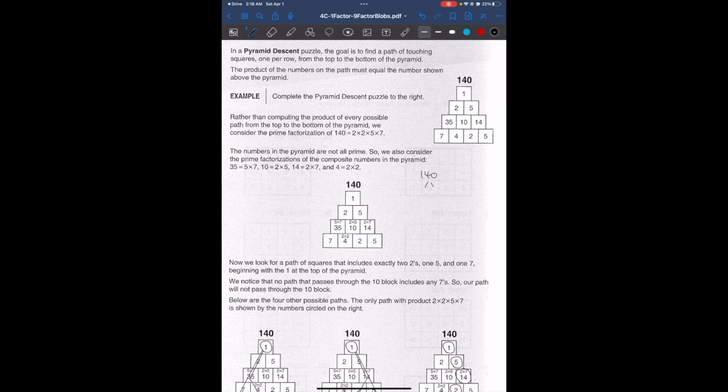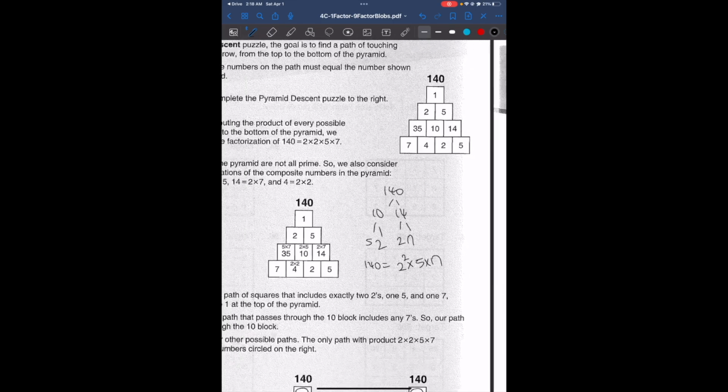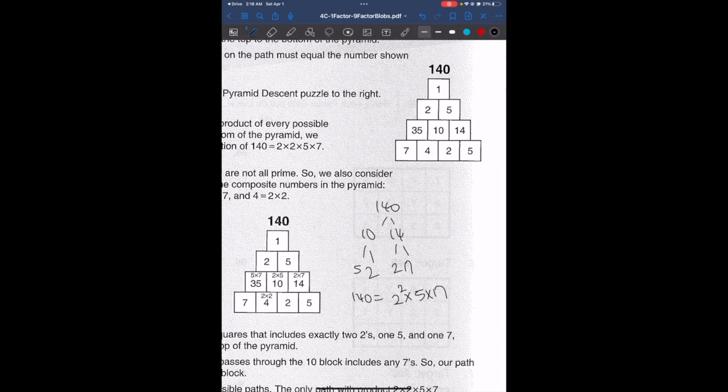And so since it ends with a 0, we know that it's divisible by 10. And so we can express 140 as 2 to the power of 2 times 5 times 7. And then similar to the blob puzzle, we're going to express large numbers in terms of prime numbers.